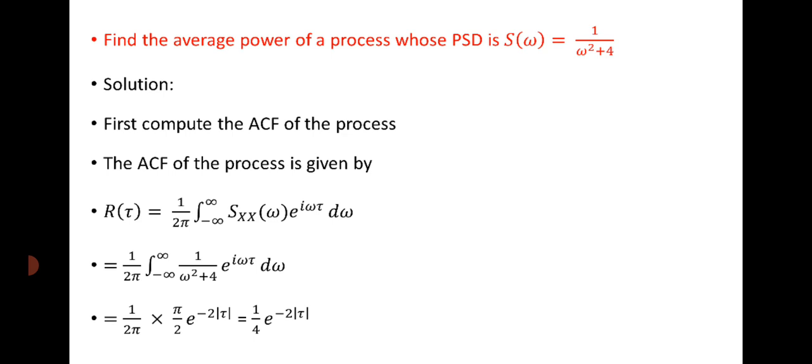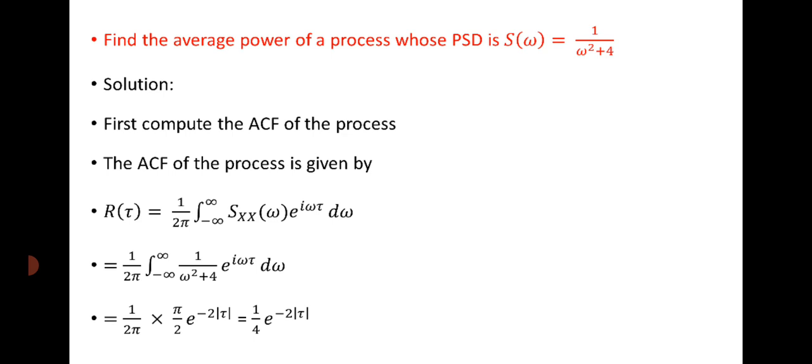If we apply the formula, we get the answer as pi by 2 e power minus 2 into modulus of tau. If we substitute here, we'll get the answer as 1 by 4 into e power minus 2 into modulus of tau. This is the answer for R_X(tau). For finding average power, here we just substitute tau equal to 0.